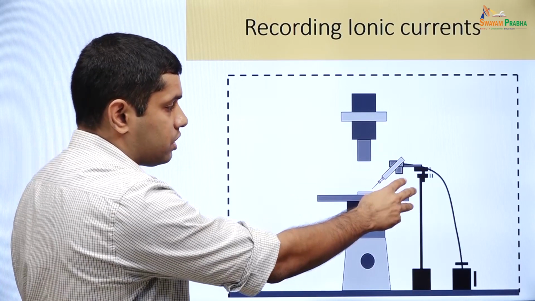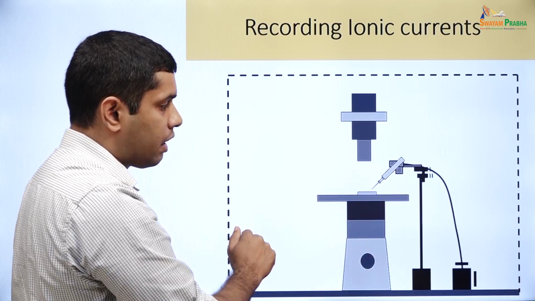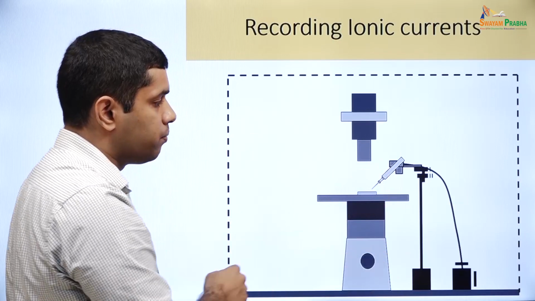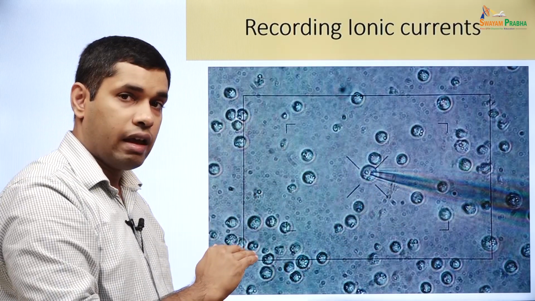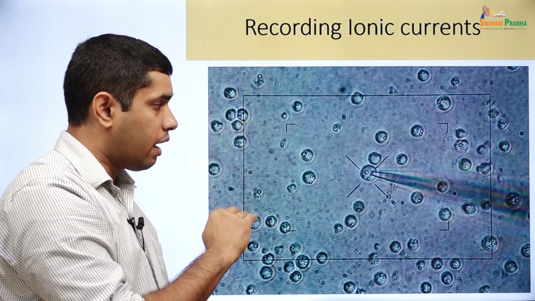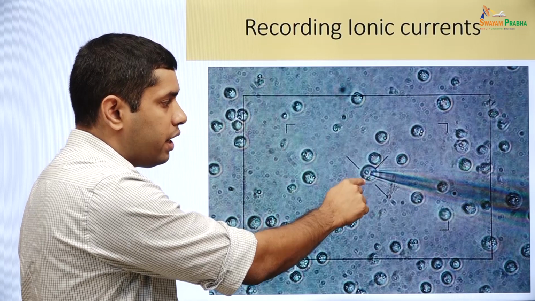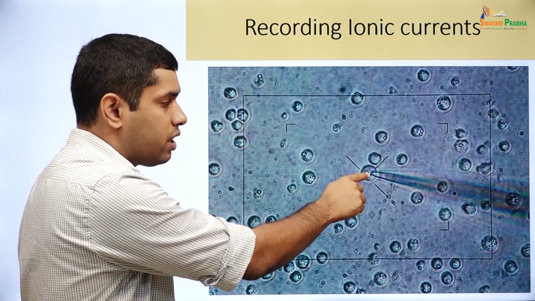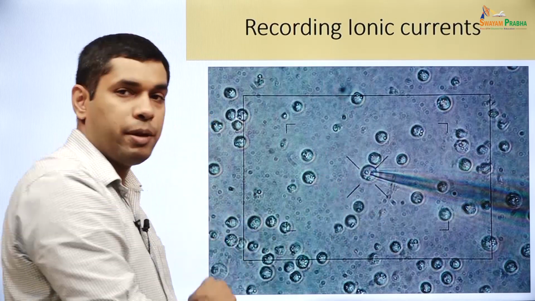This entire apparatus is placed on a microscope, and with the help of a manipulator, the glass electrode is placed over the cell, and the cell is touched, and when a slight suction is applied, the membrane breaks and the cell now becomes continuous with the fluid inside the pipette.